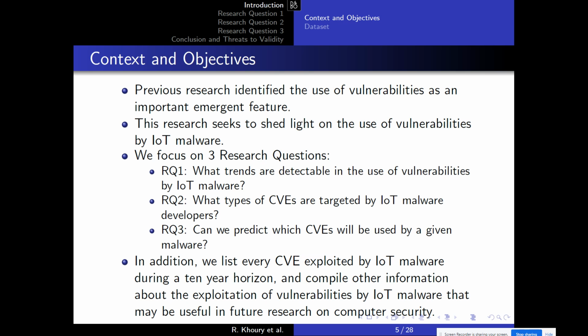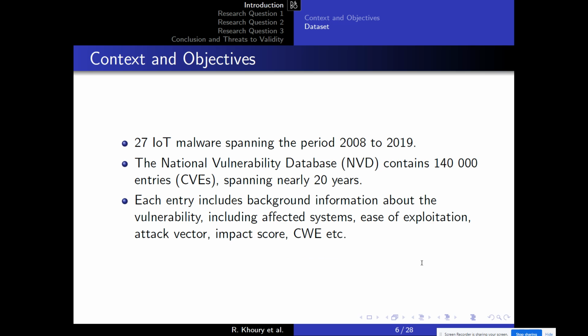Amongst other things, we include a list of every CVE that is exploited by an IoT malware, with which malware exploits it, and the reference to where we found out that this malware exploits that vulnerability. We believe that this type of information will be very useful in the future for security researchers.